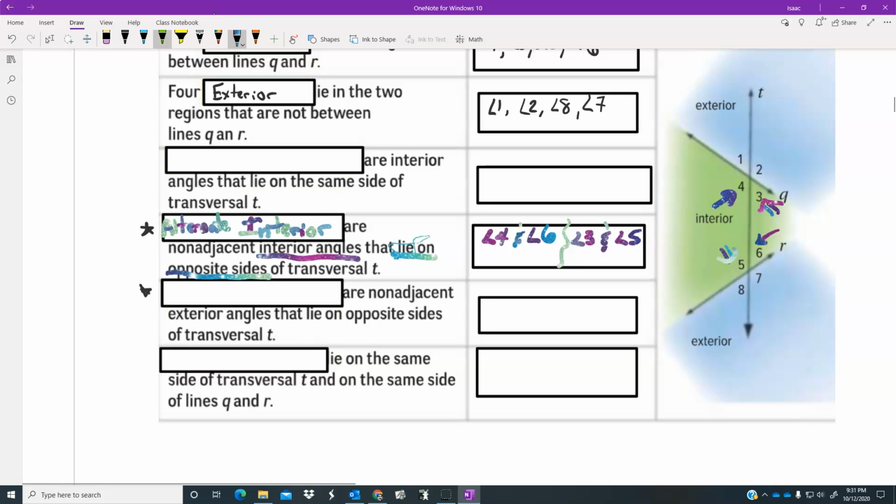Now, if you can do that same concept with ones that are on the inside, you can easily do that same concept with ones that are on the outside, like 2 up there, and on the opposite side of the transversal, the number 8. So those would be a combination, number 2 and number 8. Or if you wanted another one, maybe number 1 and number 7.